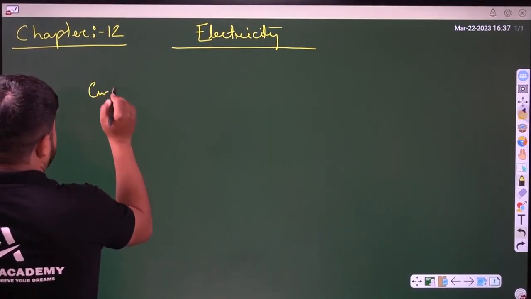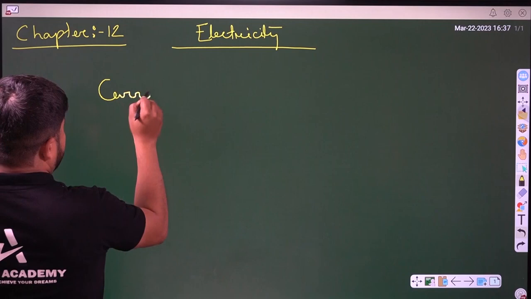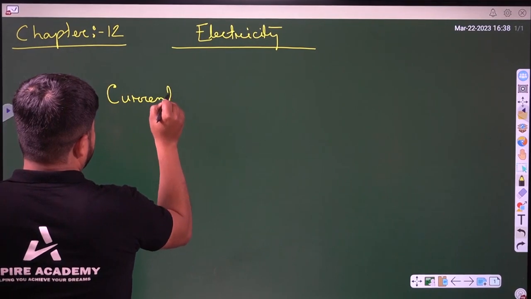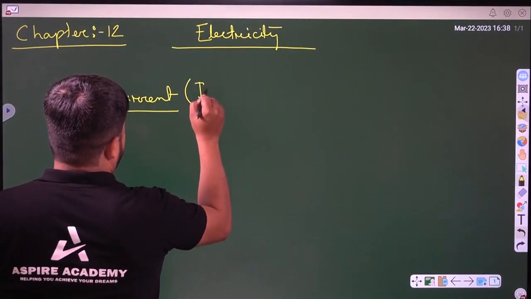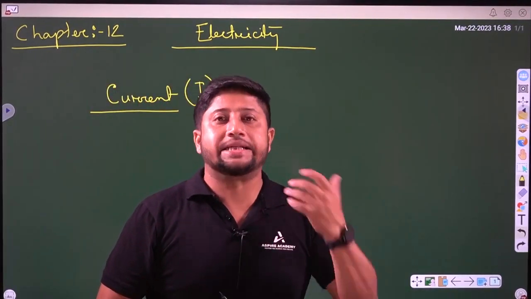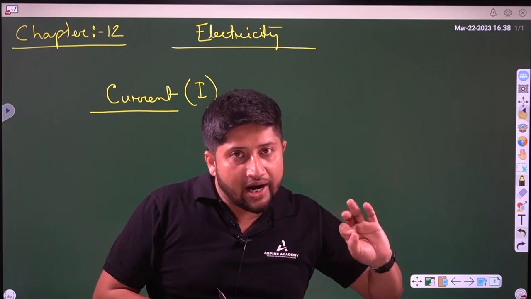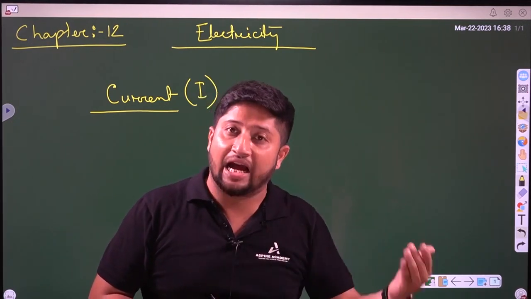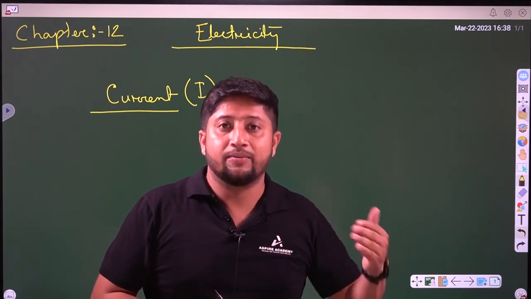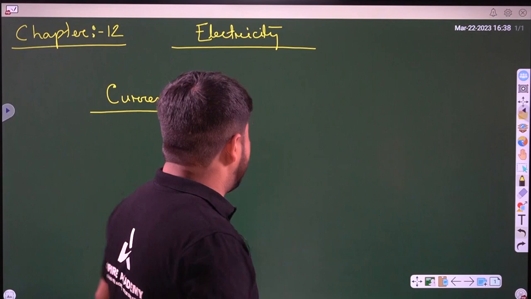We denote current with capital letter I. Sometimes we write a small letter i, but basically you have to write capital I. Current means the number of charges passing through one wire or one conductor per unit time is called electric current. Means the total number of charges flowing per unit time is called electric current.